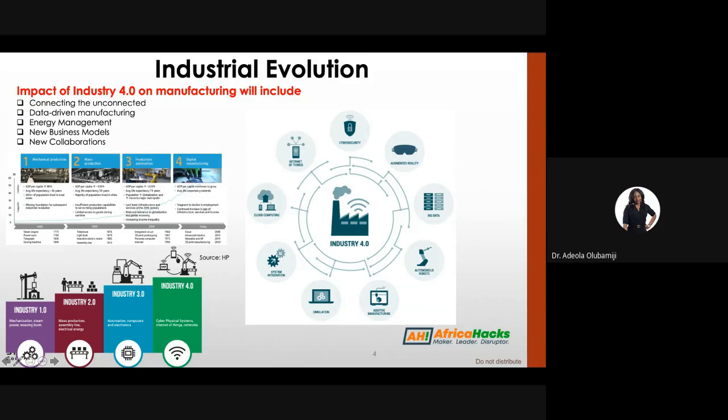In this chart here, I'm showing you what Industry 4.0 means. It means that we're going to have increased connectivity, where your phone is going to be able to communicate with your fridge. You can talk to Alexa to turn on the TV and turn on the light. This interconnectivity is going to be greater, bigger than what we're used to.